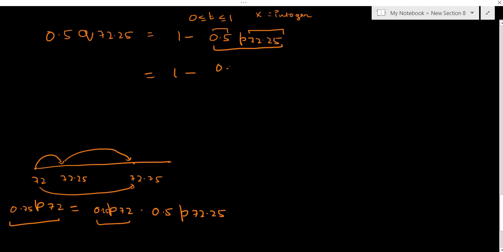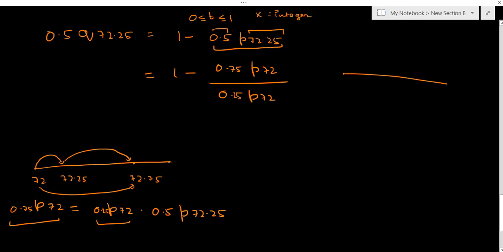So this is just 0.75 P 72 divided by 0.25 P 72. All I'm saying here is, if I divide this path by this path, I will get this one.